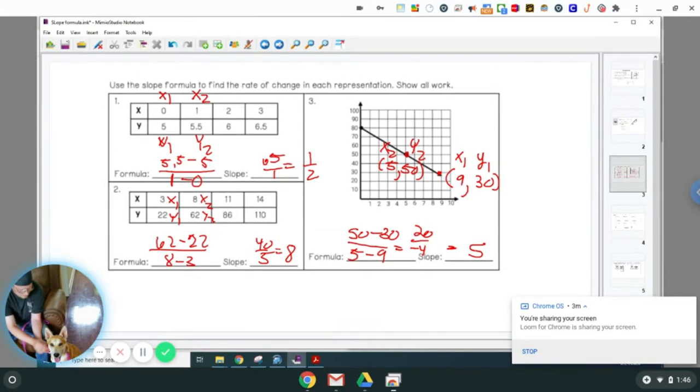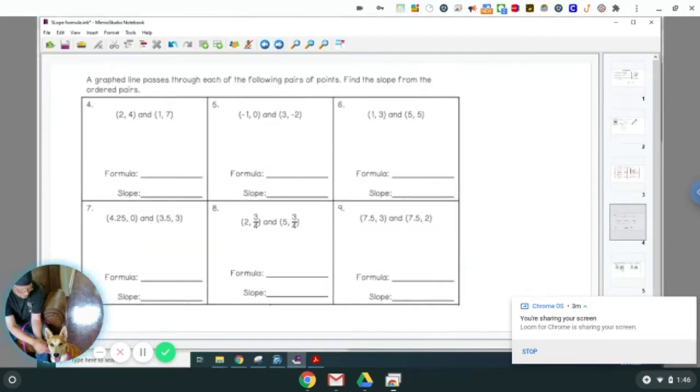Also, if you just want to do the rise over run, like how I showed you in the previous videos, you can. Okay, so I'm just going to do 4, 5, and 6. So I'm going to make this x1, y1, x2, y2. So that'd be 7 over 4 is equal to 1 minus 2.